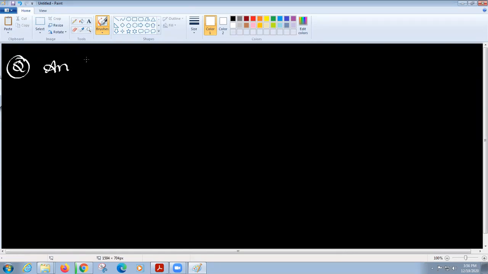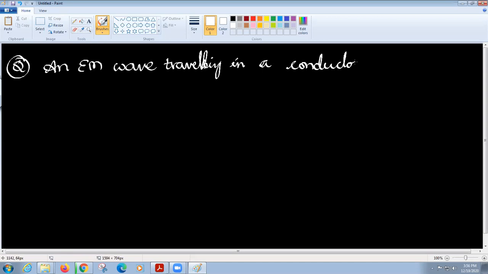An EM wave, an electromagnetic wave, traveling in a conductor medium. Conductor means electromagnetic waves hate traveling through a conducting medium because sigma is very high, so it is prone to high losses. So I really don't encourage this, but still the problem is given to you.